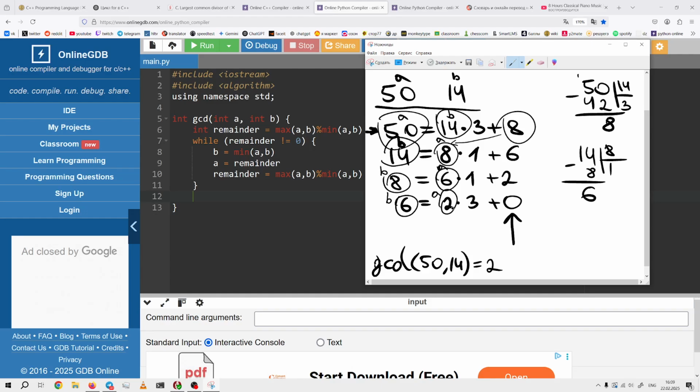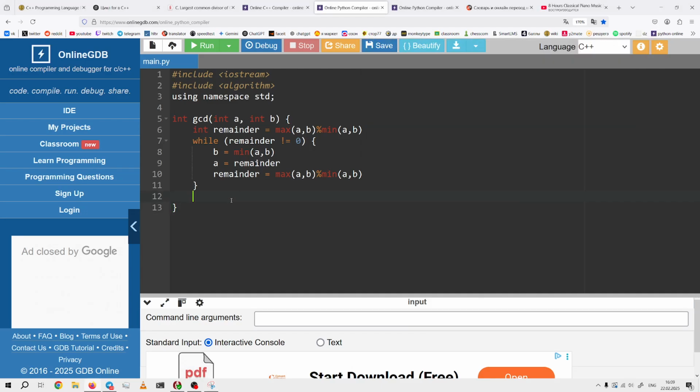Yeah, and what do we need to put in our answer? We need to put A. Look, it's our remainder. So, return A. That's all. So now, int main, what variables do we put?